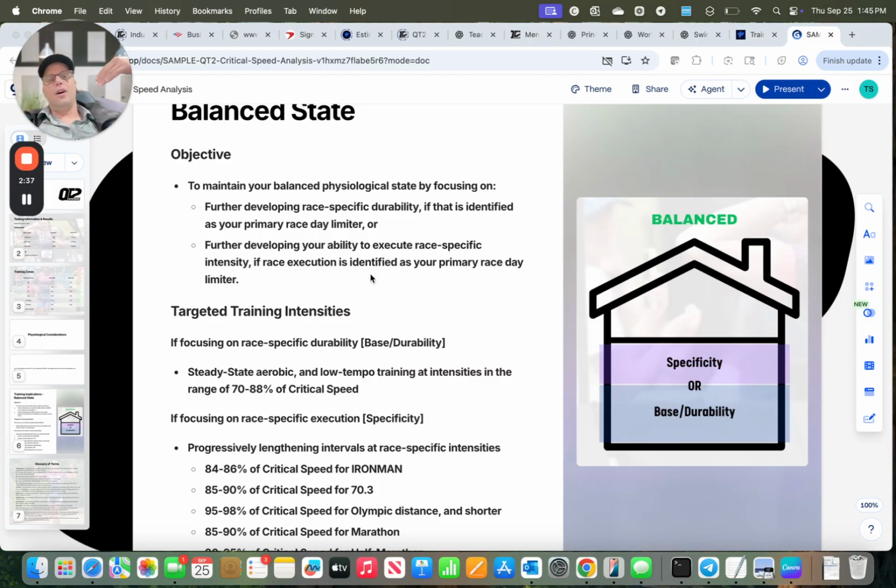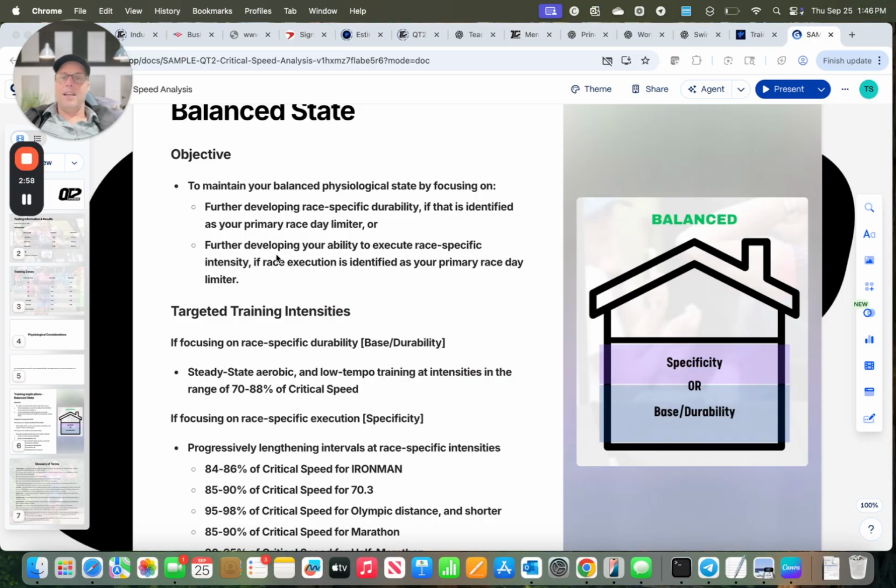And if you are an athlete who is going to be more limited by race specific durability, then a base durability block is the better option. And it helps to define what those training intensities might be for that, say, 5 to 8 week period.